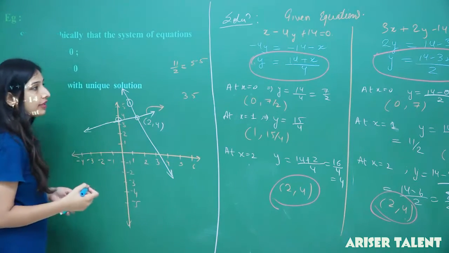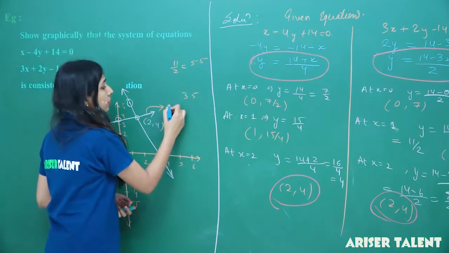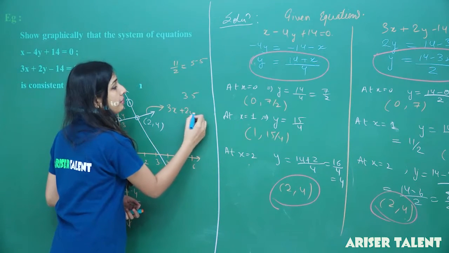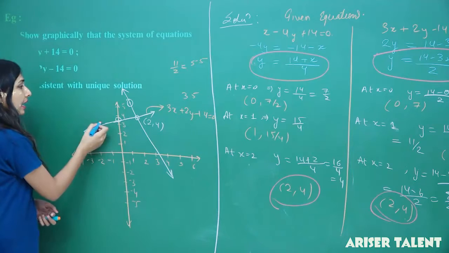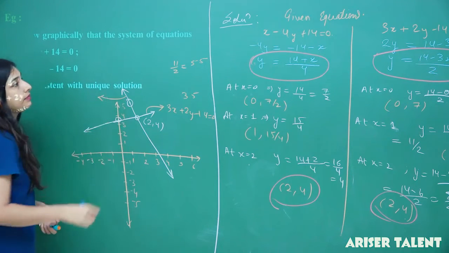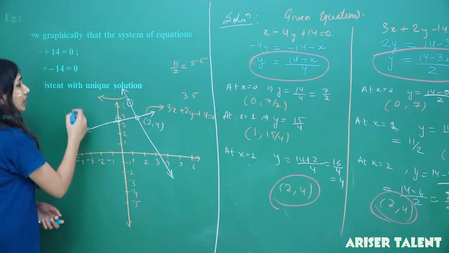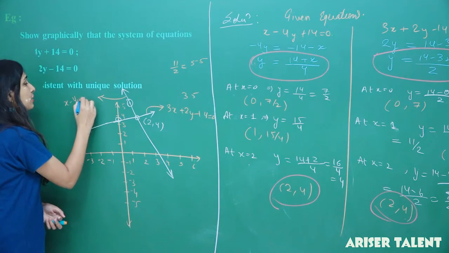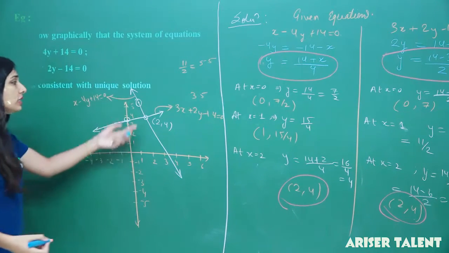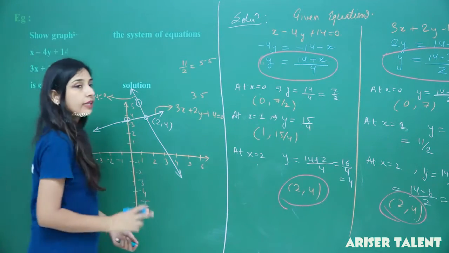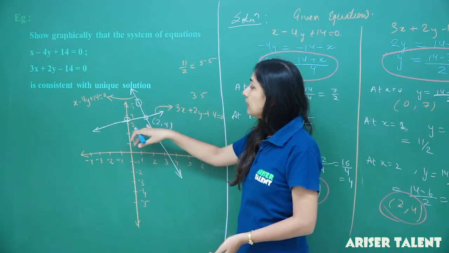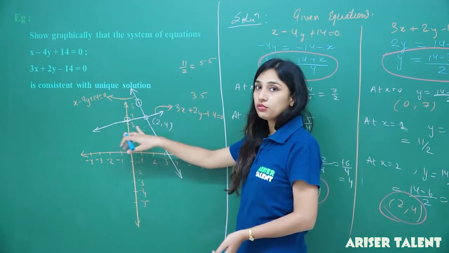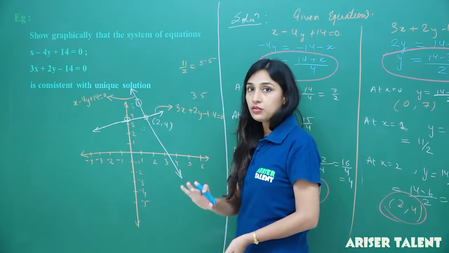This line's equation is 3x plus 2y minus 14 equals to 0. So, this is that line, and this line is x minus 4y plus 14 equals to 0. So, these are two lines which are intersecting at a point. So, you can say this is consistent with a unique solution. Unique solution is this, right, students?